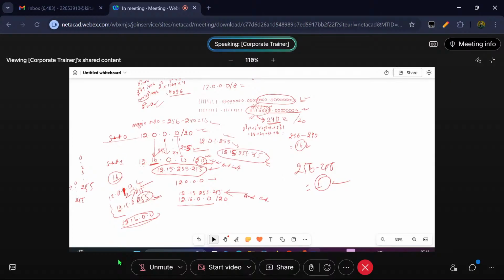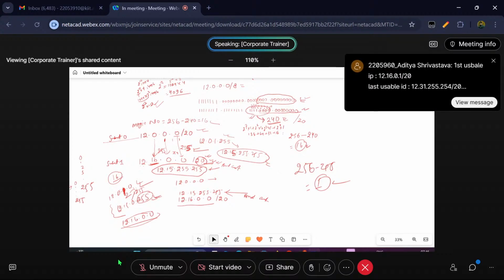Are you getting 4,000, or more than 4,000, or less? If you get less than 4,000, your requirement is not fulfilled. So there is no meaning in using the changed value in the second octet.